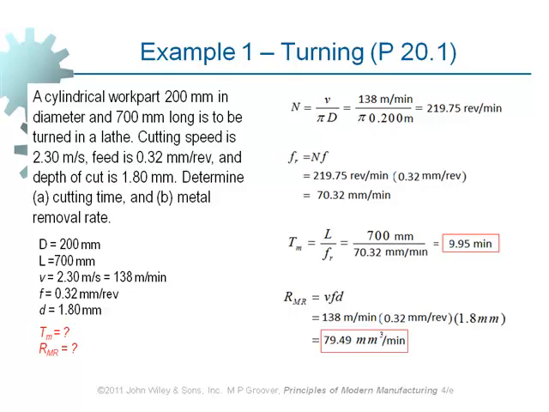Is this spindle speed available on a given machine tool? On a conventional machine tool, it's not. Because we've got certain spindle speeds available on the machine, which is, say, for example, 200, and the next higher spindle speed is 250. We haven't got 219 and something. It's not possible.